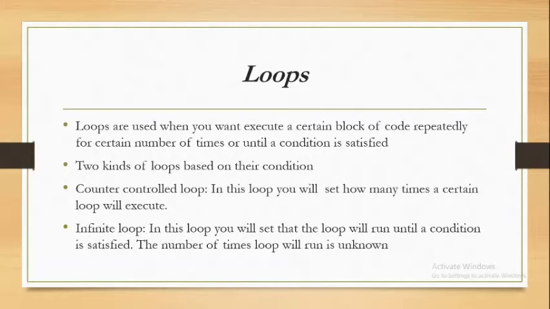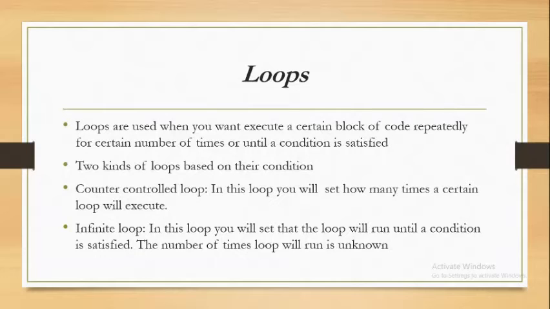For example, let's say you are taking input from the user. In the end of the program, you say enter exit to exit the program, and the value entered will be stored in a variable. So you will say that until the variable is equal to exit, the loop should run.